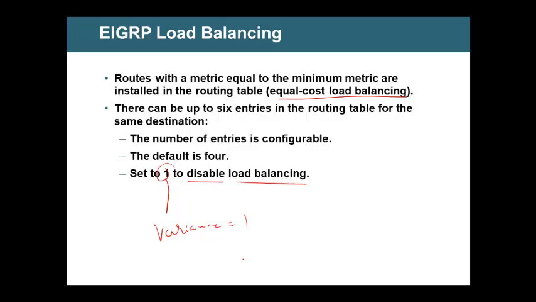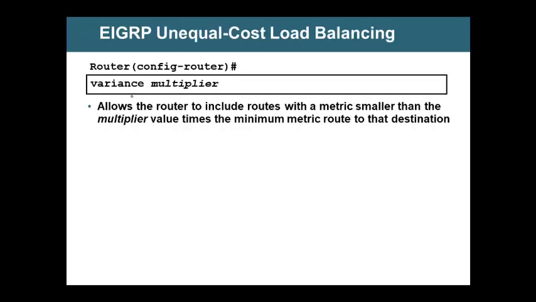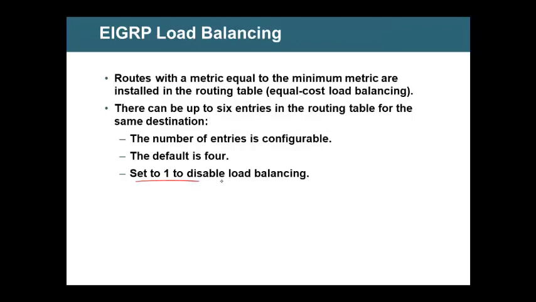There's a value called variance. Sorry, I'm teaching the next page here. In the next page comes the variance and the multiplier value. Let us not talk about that now. Let us see what is explained here.